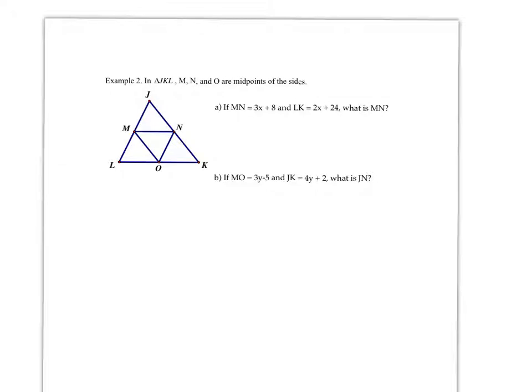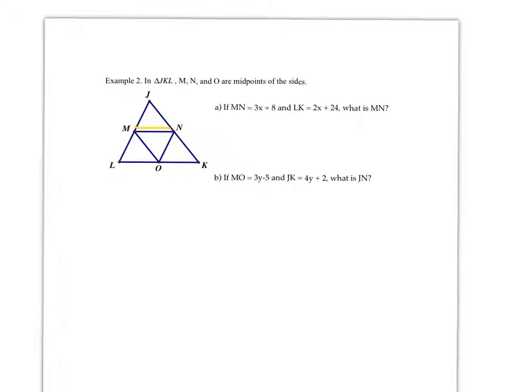All right, in example 2, we're going to get into some algebra. And it says in triangle JKL, M, N, and O are midpoints of the sides, and that establishes the fact that MN is a midsegment, and so are NO and MO. Right. In part A, it says if MN equals 3x plus 8 and LK equals 2x plus 24, what is MN?